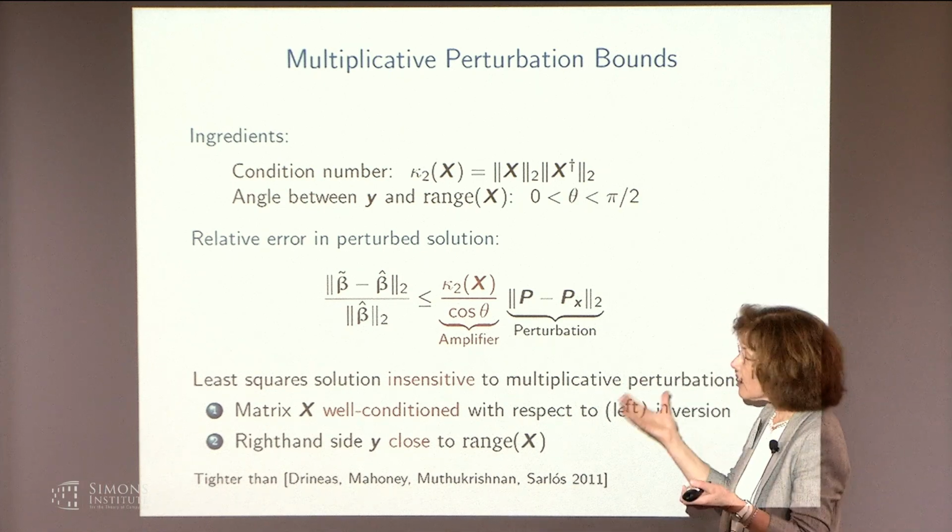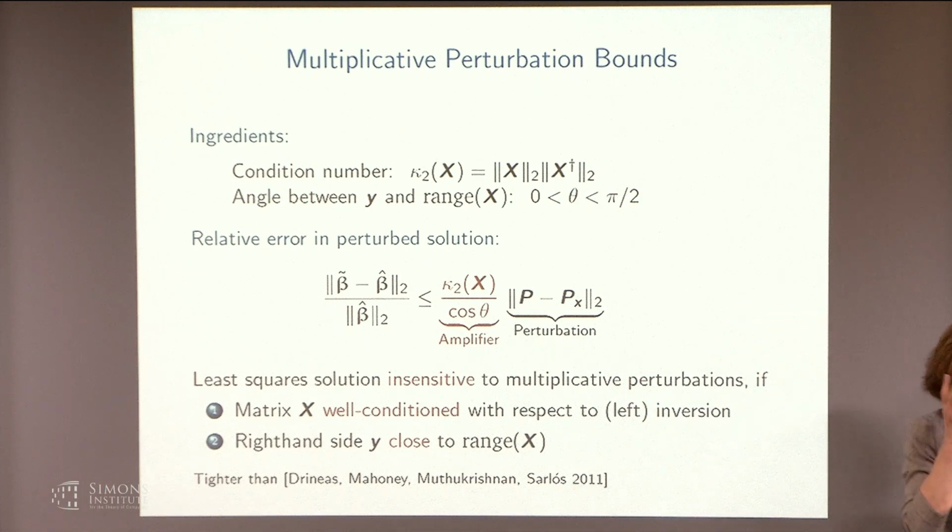So that means there's a lot of amplification if the condition number of the matrix X is high, and if y, the observation, is very far away from the design matrix. So the design matrix has a really hard time capturing the observations. And that's also when a least squares problem is ill-conditioned in the deterministic setting. Okay, so these bounds are tighter than what has happened before.